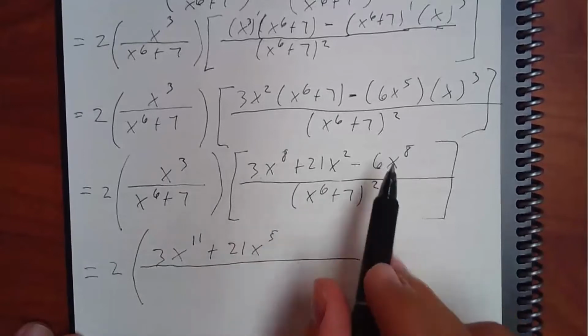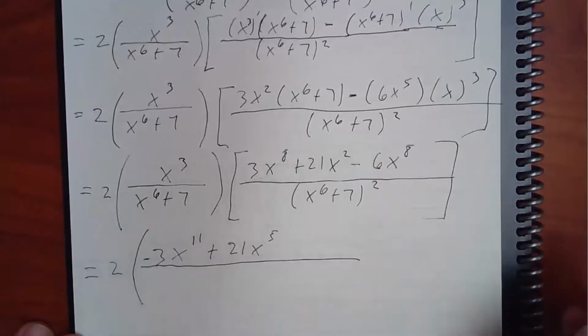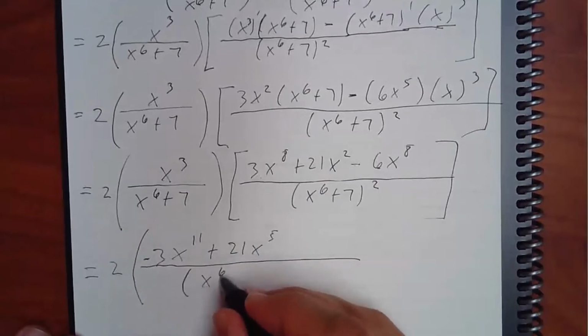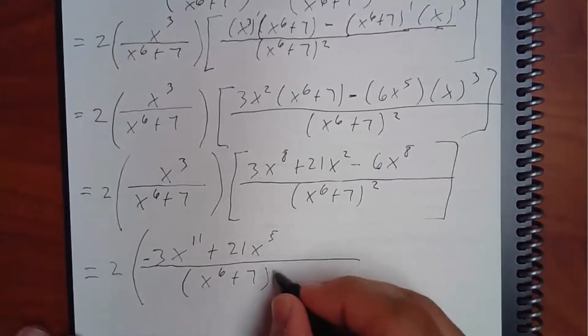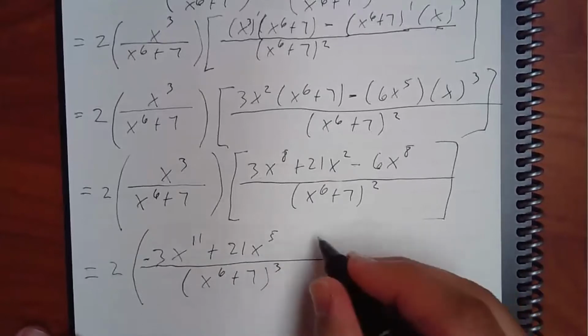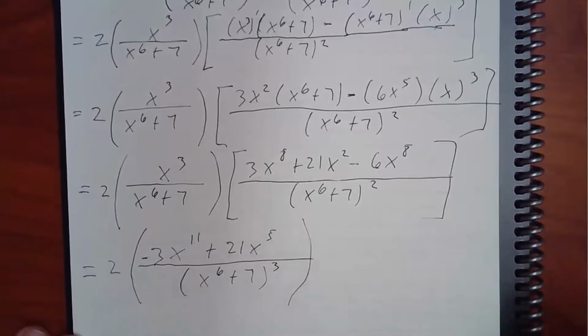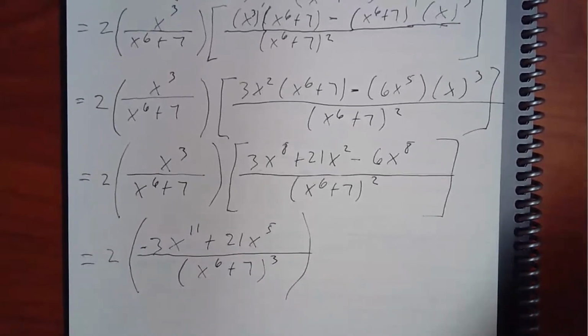If I combine them, 3 minus 6 would be negative 3. So there you go, you can skip that step. You could distribute the 2, I guess.